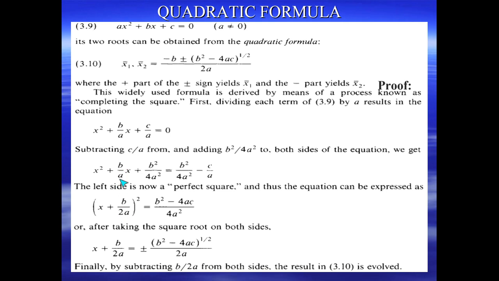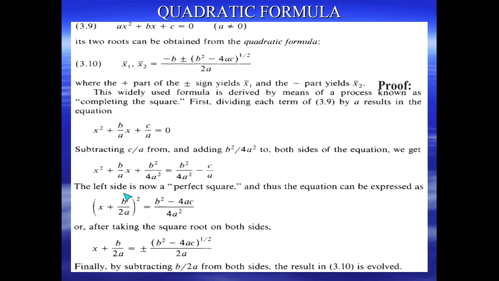To simplify, we obtain b over a x. You see, x squared plus b over a x plus b squared over 4a squared is really x plus b over 2a, the whole thing squared. So this square at the left hand side is equal to b squared minus 4ac over 4a squared. Great.